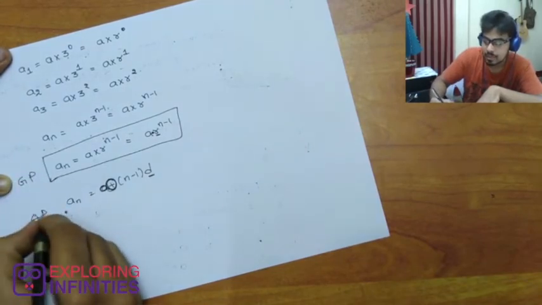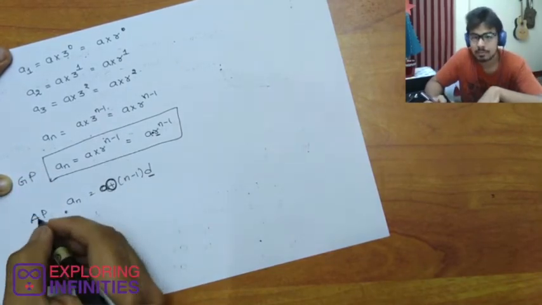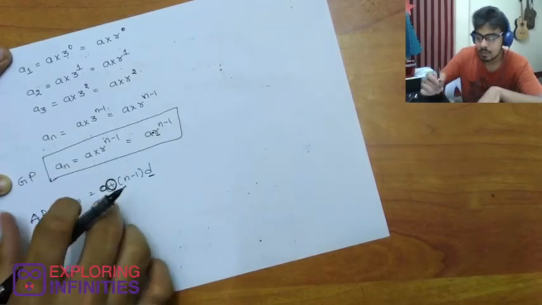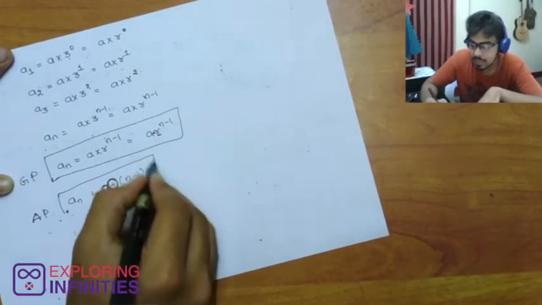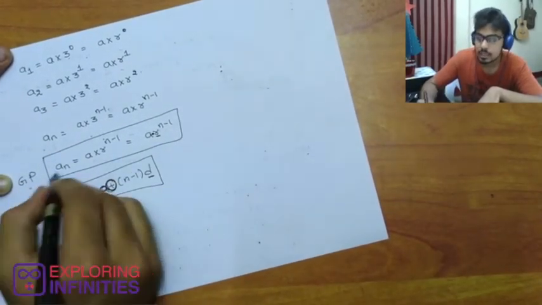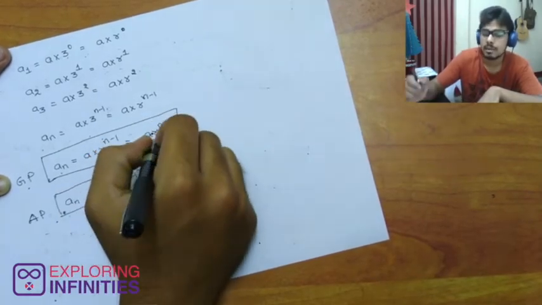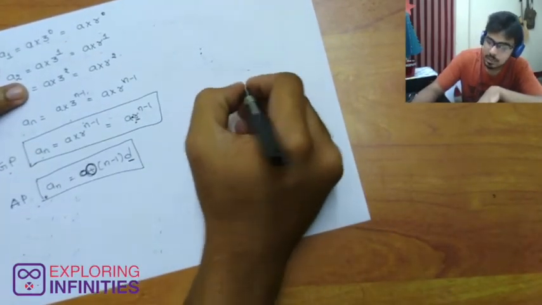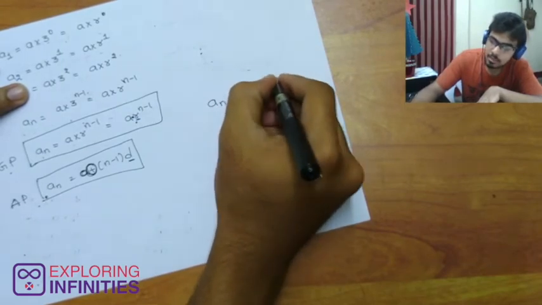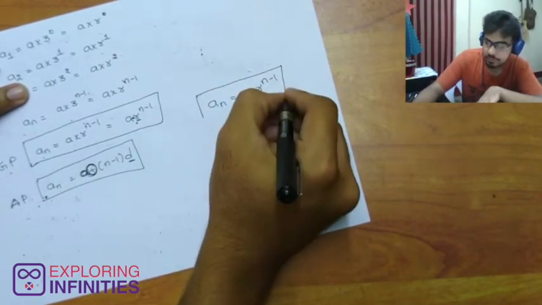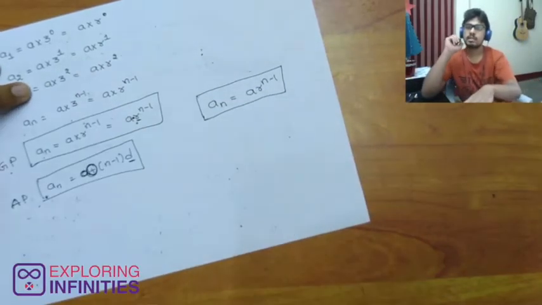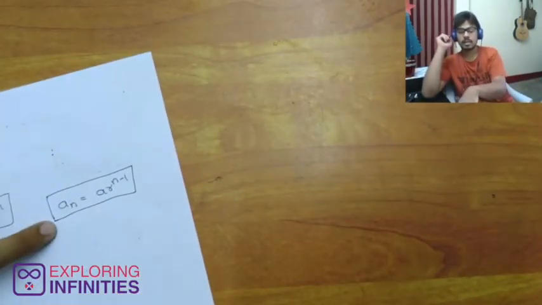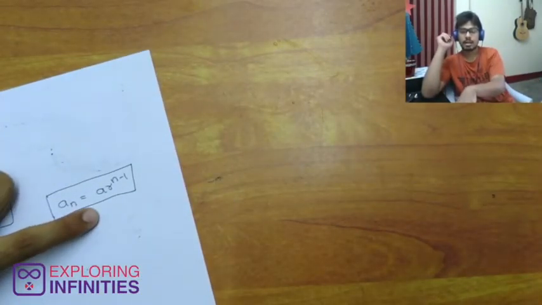By comparison, your understanding will be better. AP, An is equal to A plus n minus 1 into D. GP, An is equal to AR power n minus 1. Therefore, your formula to remember is An is equal to AR^(n-1). This is the derivation. By observation, we have understood An in GP is AR^(n-1).